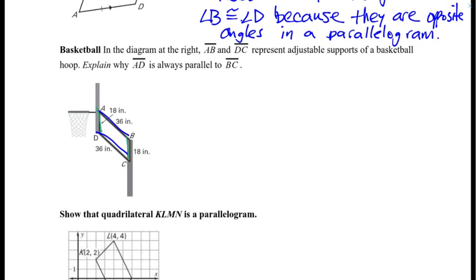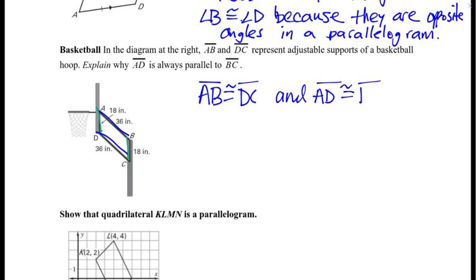And then AD and BC both have measures of 18 inches. So we see that AB is congruent to DC, and AD is congruent to BC. So because we have opposite sides congruent, we know that ABCD is a parallelogram.